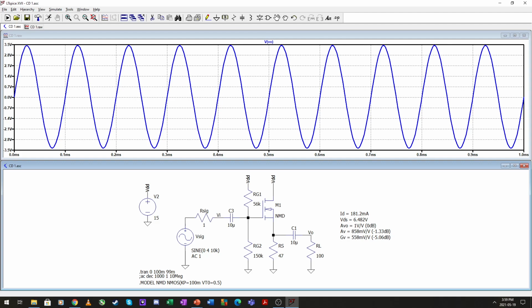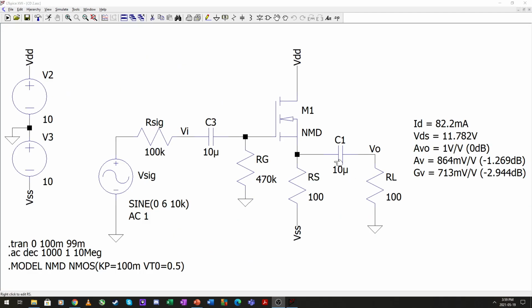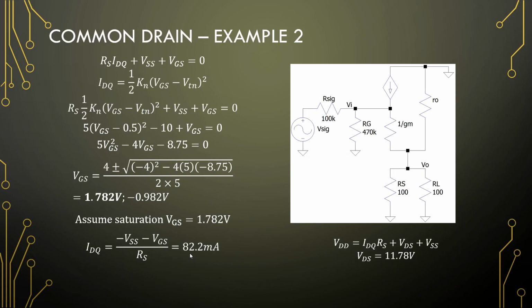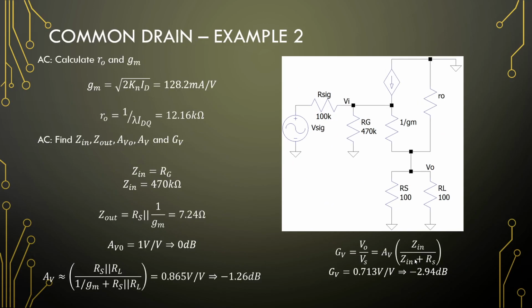Let's have a look at the second one. So for the second one, 82.2 milliamps, 11.78 volts, and 1 volt, 0.87. 82.2, 11.78, 1 volt, 0.87.